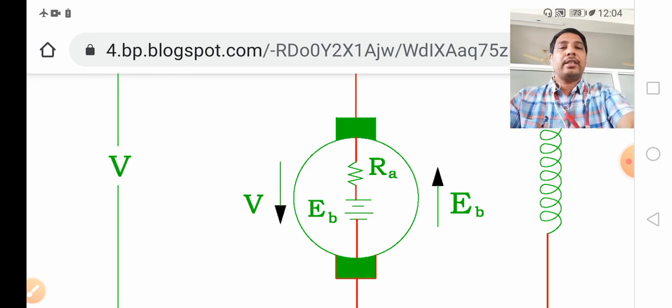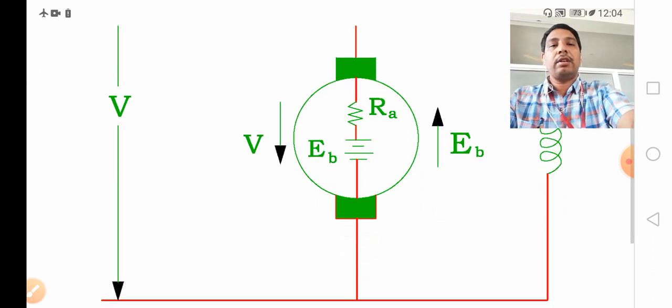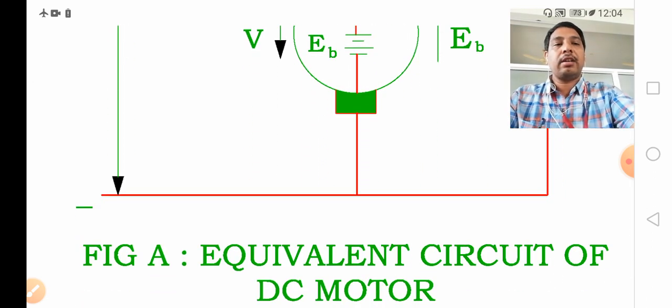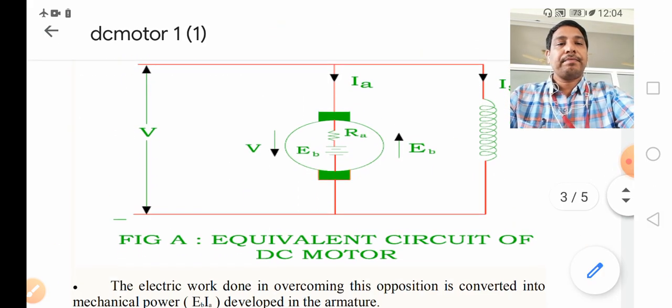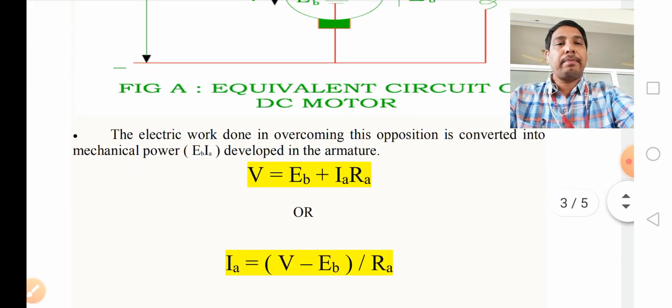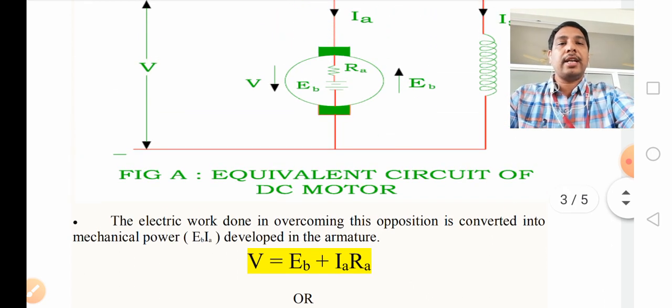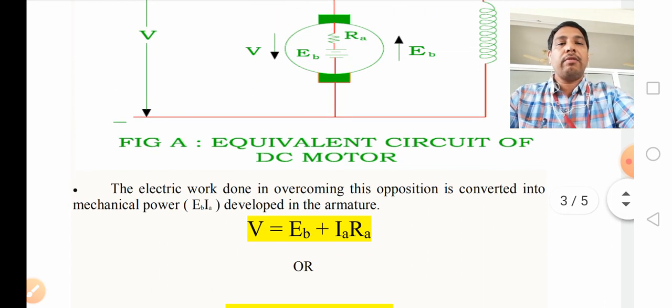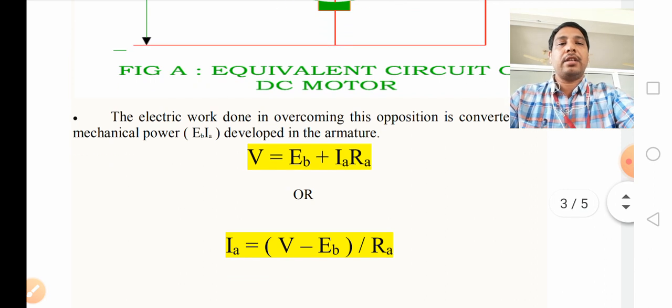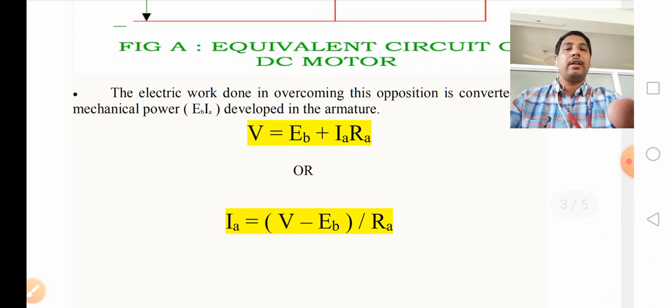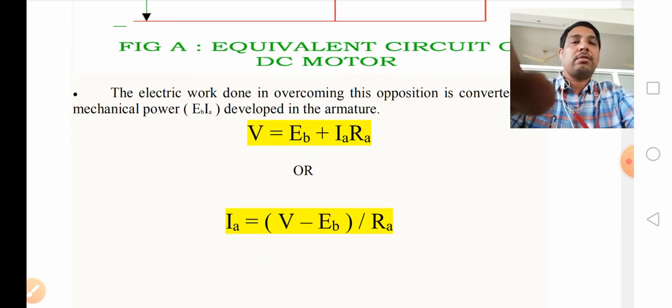According to this equivalent circuit, we can apply KVL, and from this we get the voltage equation. What is the voltage equation?